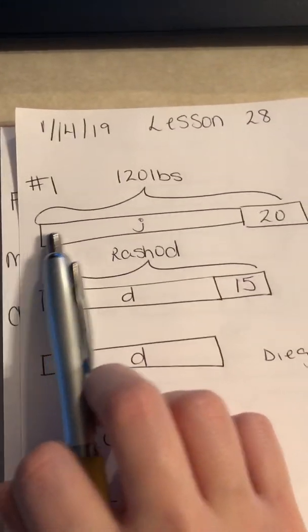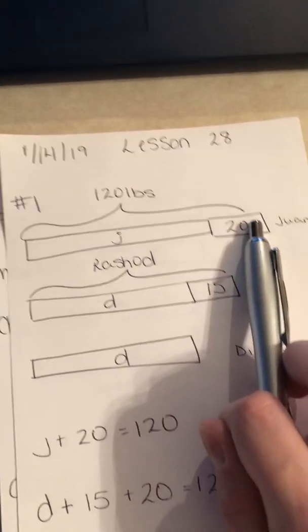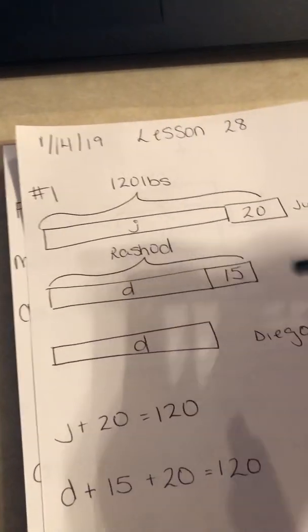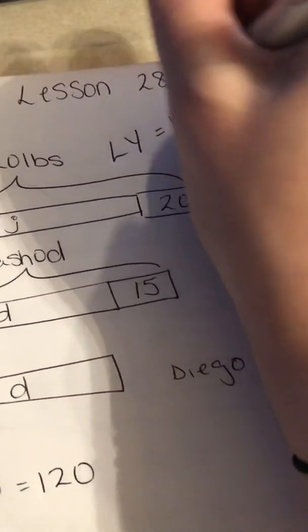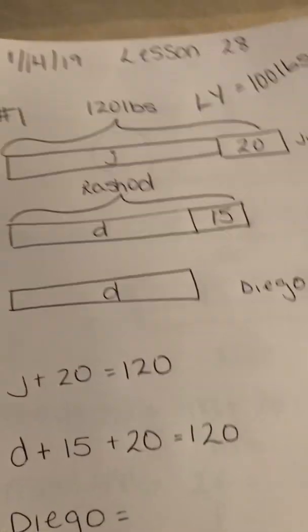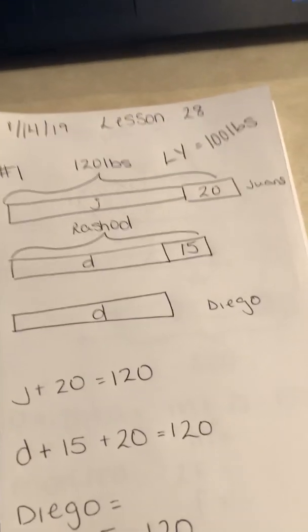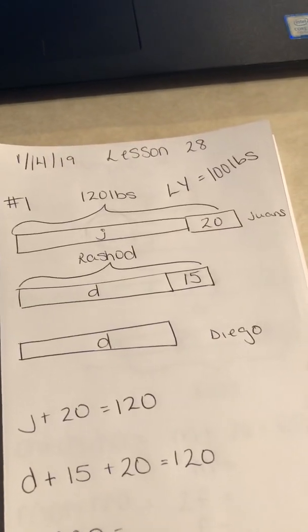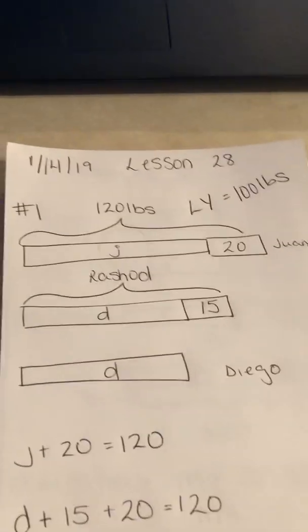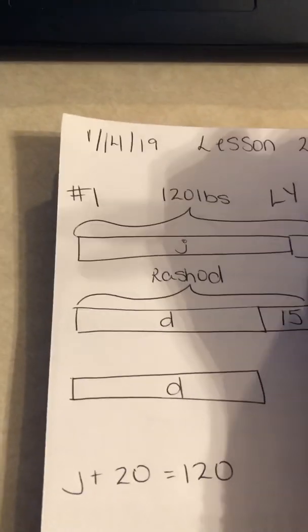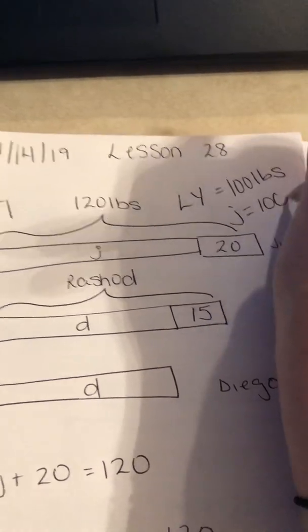Okay, so the first part says draw a tape diagram to represent Juan's weight. So we had Juan's weight last year plus 20 pounds is 120. So we know that last year Juan weighed 100 pounds. The reason why I know that is because I'm taking J plus 20 equals 120, J equals 100.